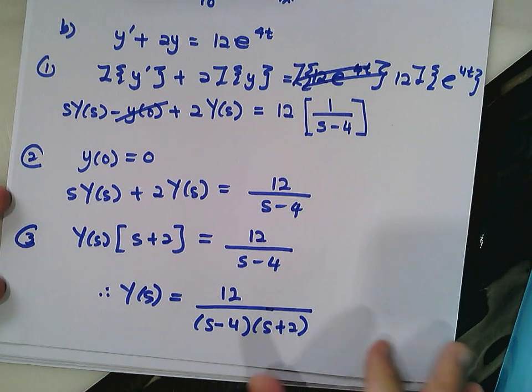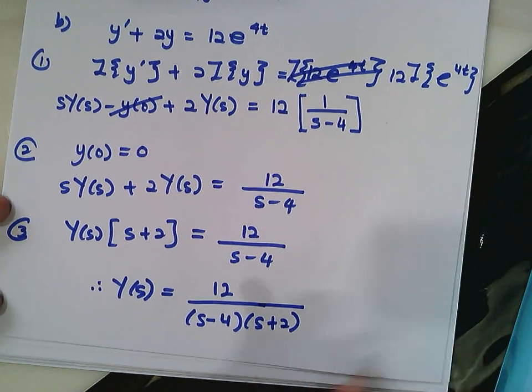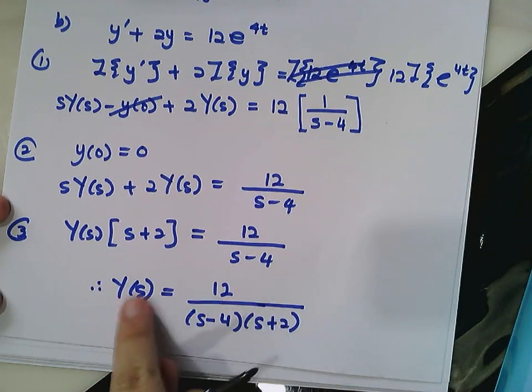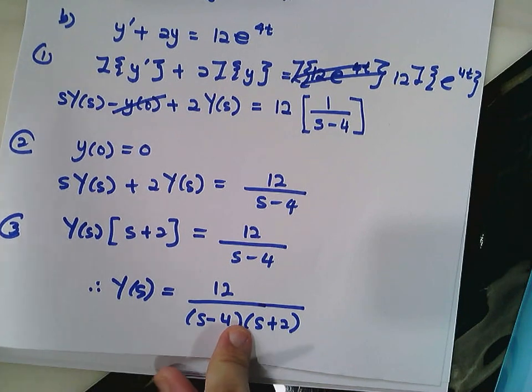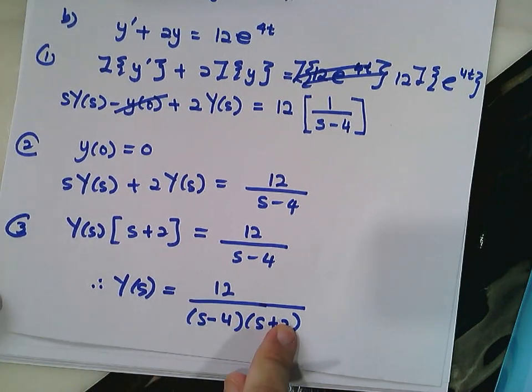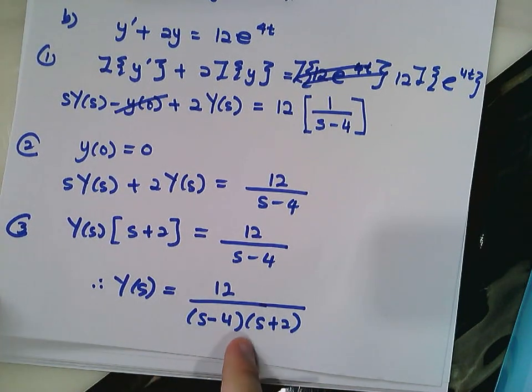Okay. So now you need to find the inverse of this function. So clearly this one you need to apply rational function, because you cannot get directly from the table and you need to apply properties.